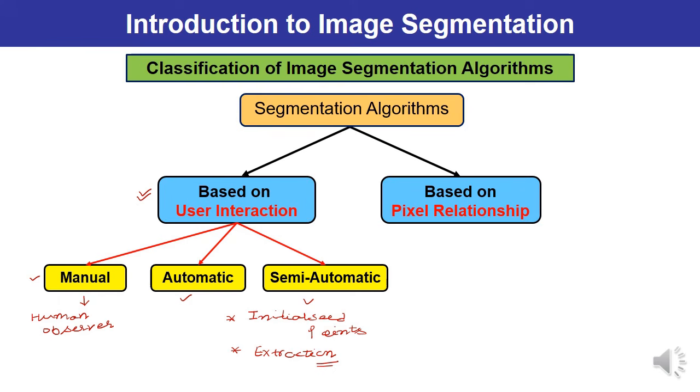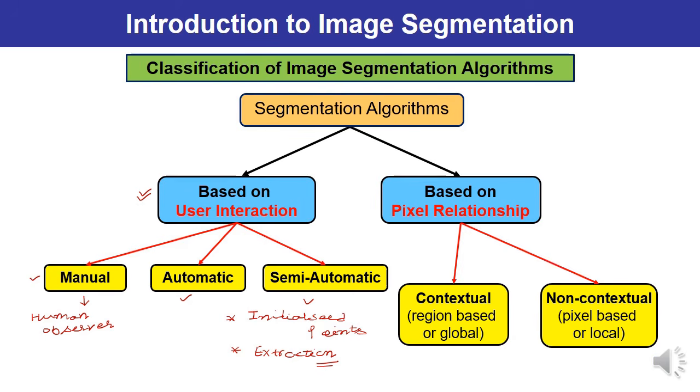Now let us discuss the segmentation algorithms which are based on the pixel relationship. See, here two possibilities are there, on the basis of similarity and discontinuity. First is the contextual segmentation algorithm, or it is also known as region based or global. What do you mean by this? This algorithm actually groups together on the basis of common properties.